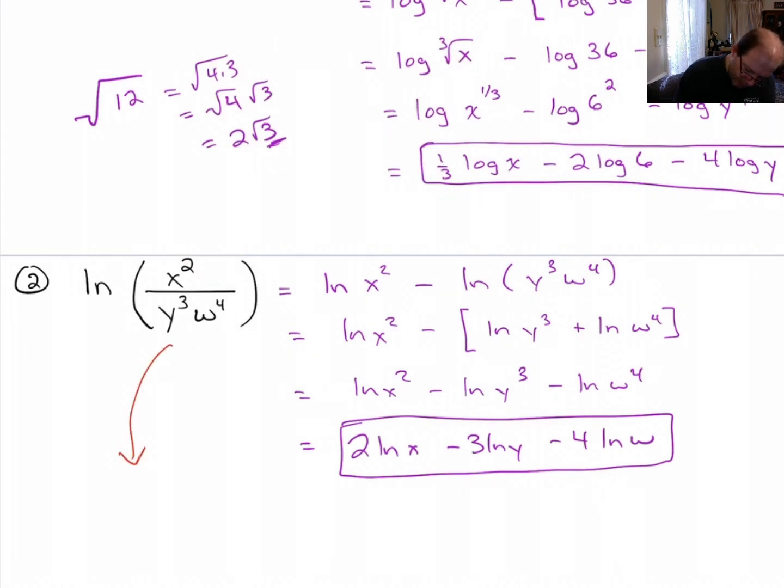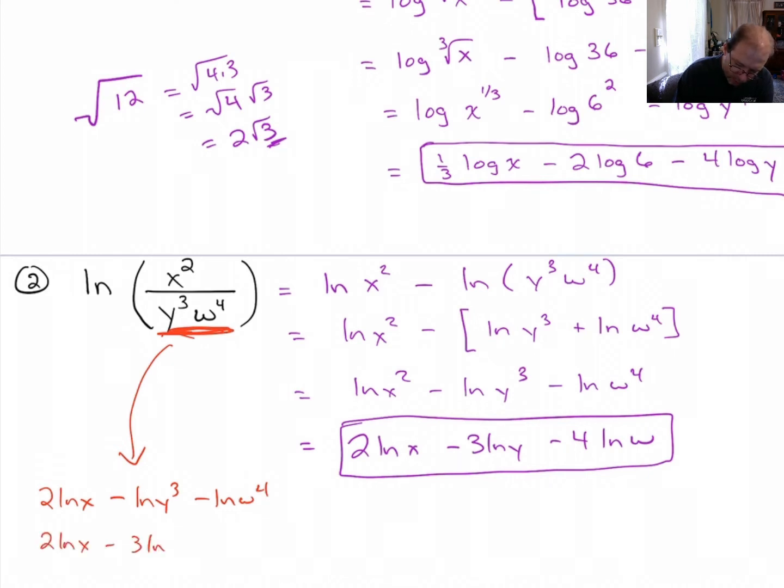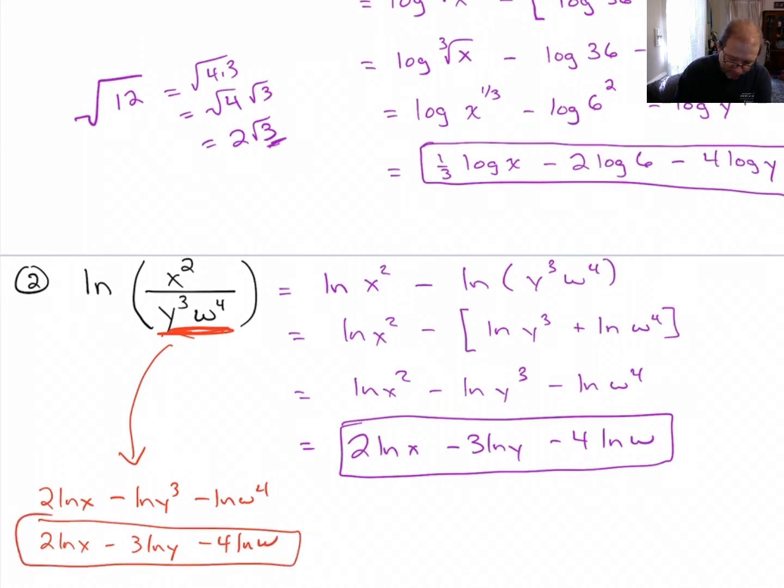The thing on top gives me 2 ln x. The bottom, both of these are going to be subtracted. So minus ln y cubed minus ln w to the fourth. And then use the power rule. So after you do these a bit, you can do them really fast.